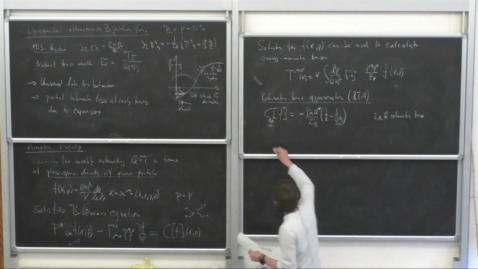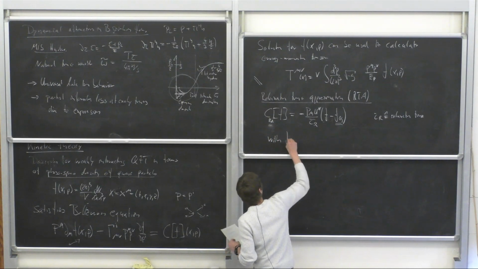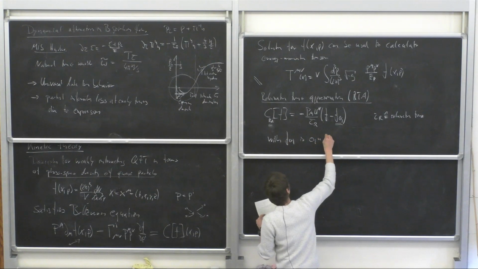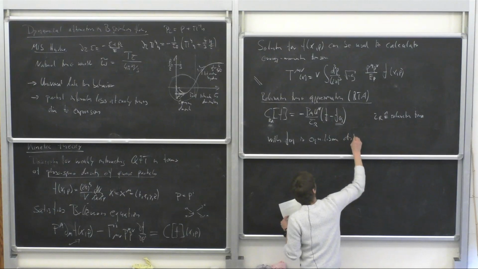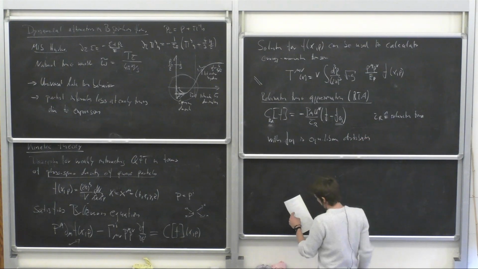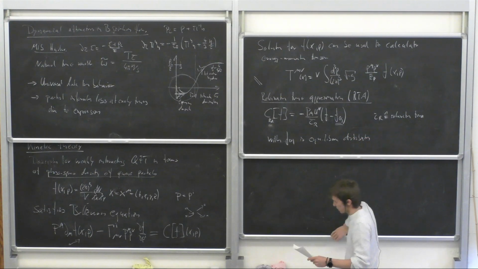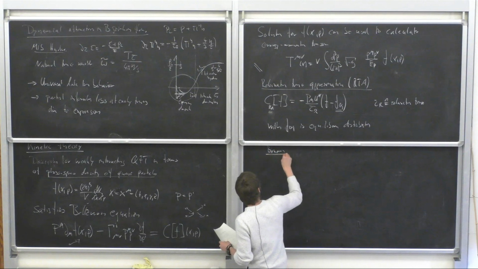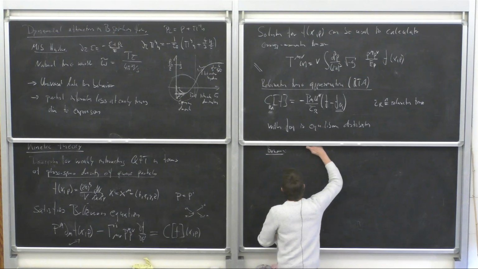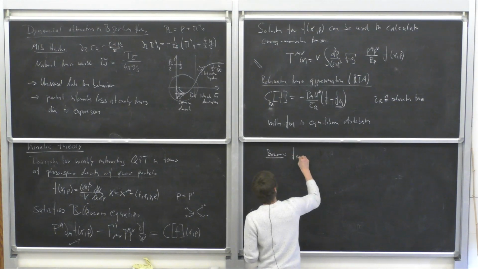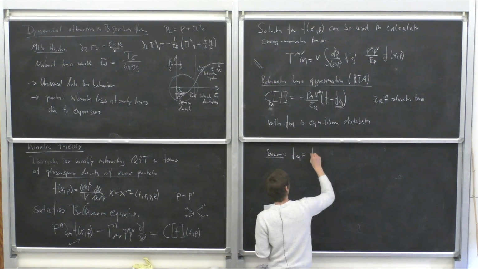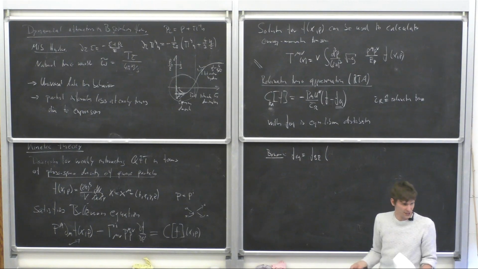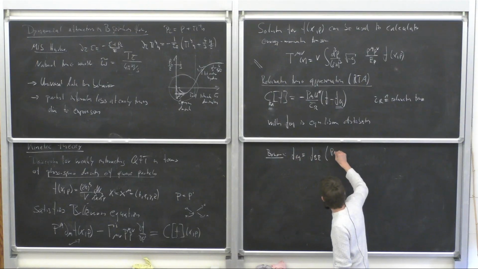So this F equilibrium is the equilibrium distribution. For instance, if you were to consider bosons, then this is nothing other than the Bose-Einstein distribution. So in that case, F equilibrium would just be the Bose-Einstein distribution, and it depends on the energy of the particle, but now it's the energy measured in the local rest frame.